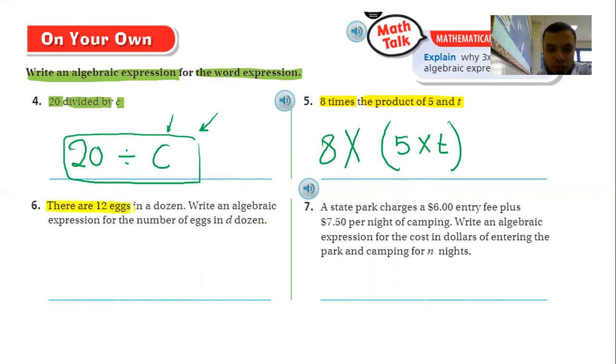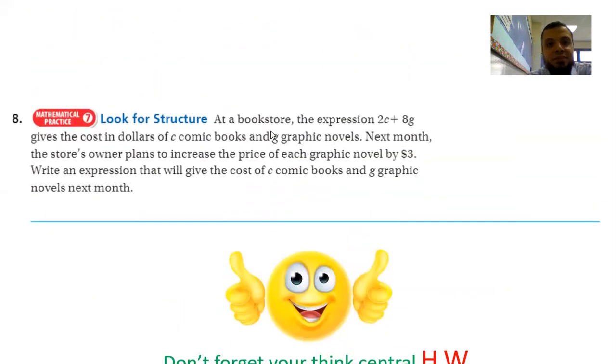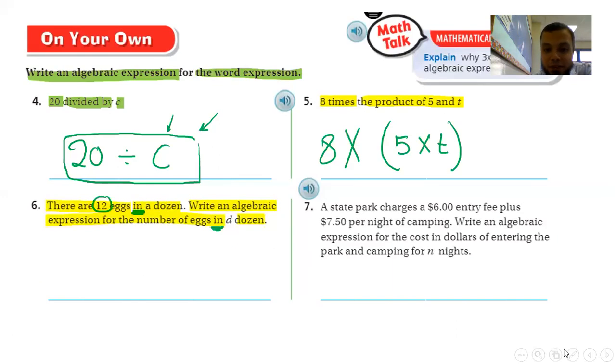There are 12 eggs in a dozen. Write an algebraic expression for the number of eggs in the dozen. How can I write an algebraic expression for the number of eggs? He says there are 12 eggs in a dozen. Do you remember the meaning of the word in? Yeah, you remember it's multiply.